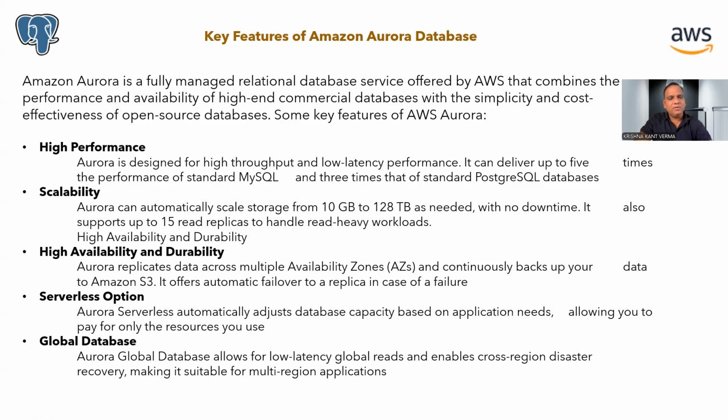When the load comes down and the traffic goes down, it can scale down itself. So all the resources will be scaled down automatically. That is the serverless feature of the Amazon Aurora database engine.